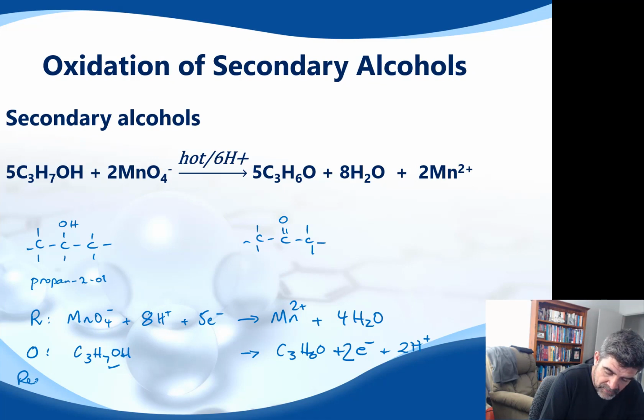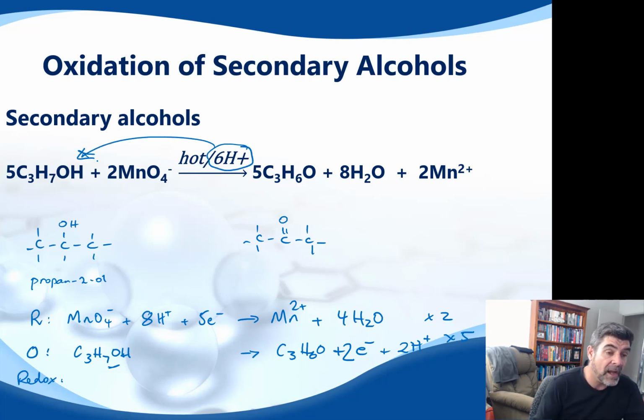So my redox reaction in this case, doing the same things as we've done before, and again you can see as we've previously done, I'm going to have to multiply this one by 2 and this one by 5, and hopefully once I've done all of those things, if I've done them correctly, I will end up with the H plus ions being part of my reactants, my permanganate ion, which is my oxidizing agent, my organic species, which in this case is propan-2-ol, and my product side will have water, the manganese ion, and my ketone, which in this case is propanone. These will take a lot of practice.